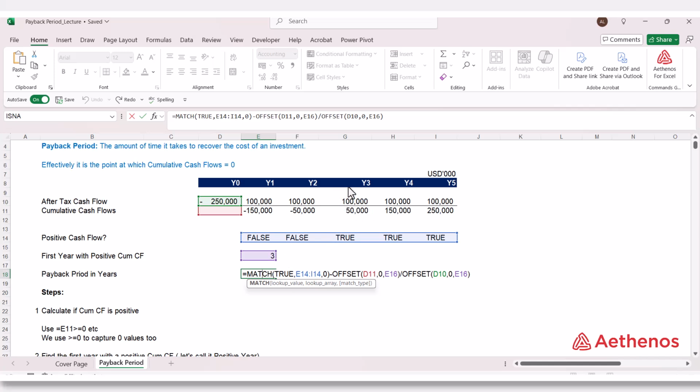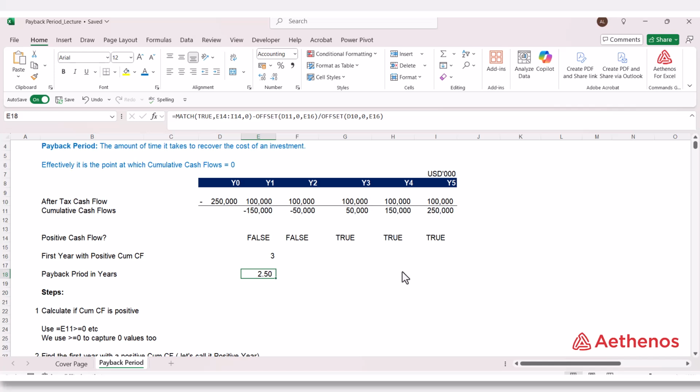And we want to find from this 0 point somewhere in the middle until year 3, what is the fraction we need to reduce out of that full year. So we get 2.5.